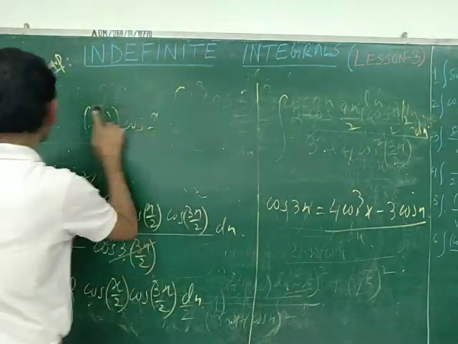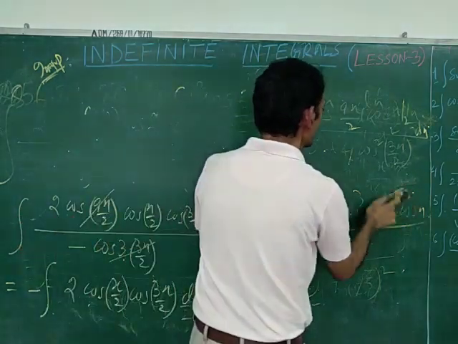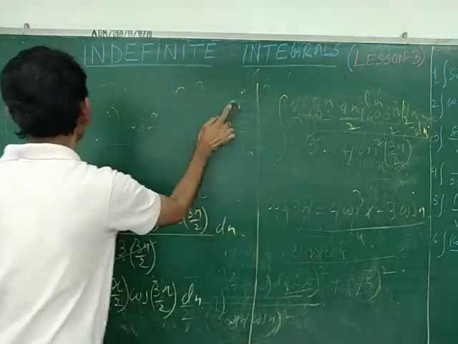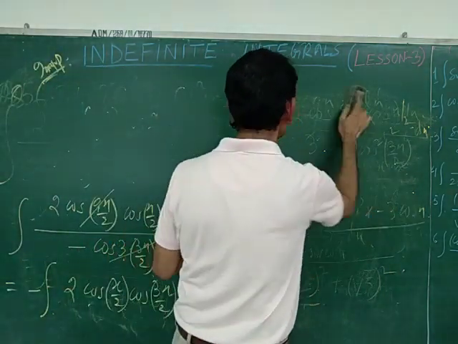We have seen 2 cos A cos B, 2 sin A sin B, cos A plus B, cos A minus B, cos twice x, sin twice x, cos 3x, and sin 3x.